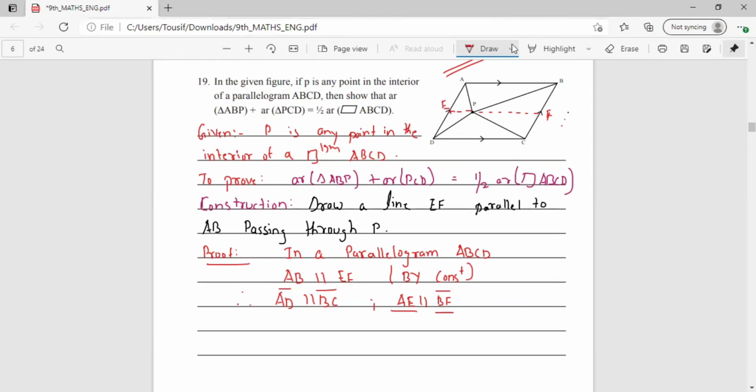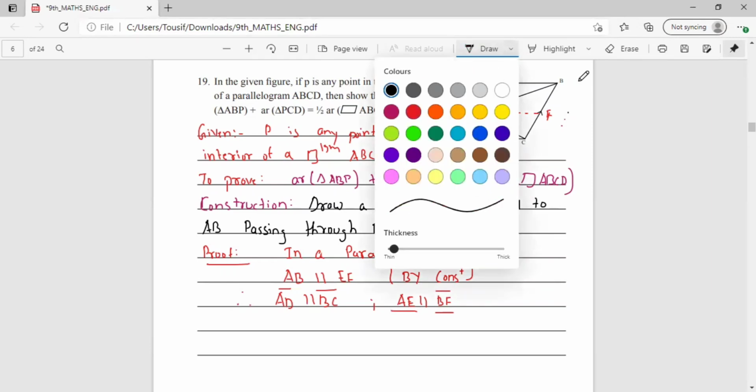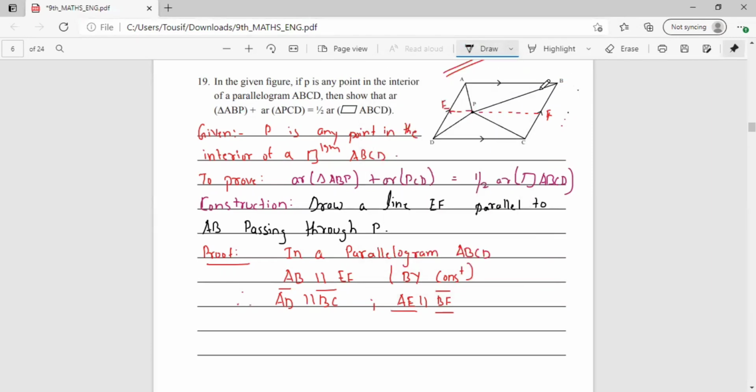So we can add one more thing. We got the parallel, but let us see if we can get it equal or not. We know AD is parallel to BC, so I can say AD is equal to BC, because it is a parallelogram. So half of AD will be equal to half of BC.